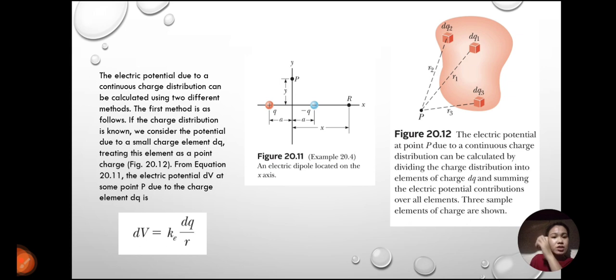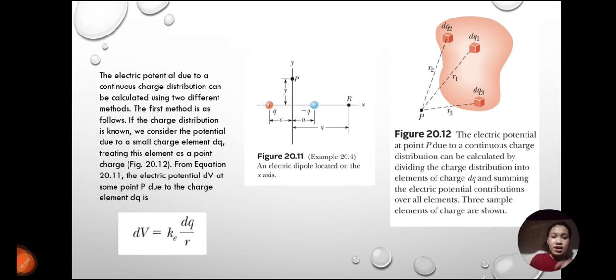So the electric potential due to the continuous charge distribution can be calculated using two different methods. The first method is as follows. If the charge distribution is known, we consider the potential due to a small charge element dq, treating this element as a point charge.